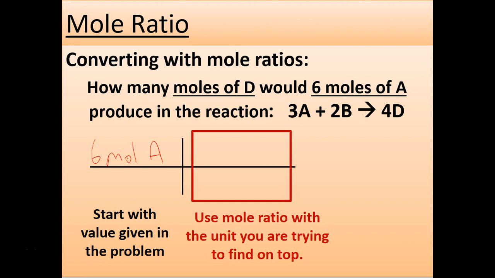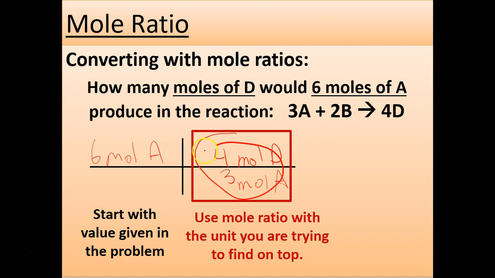In this case, it's moles of D. But just like we've always done before, I'm going to bring moles of A to the bottom, and we're going to go to our desired unit on top. In the question, it says how many moles of D. Now, if you see mole over mole, one of the things I like to do is circle it, and then that reminds me to go find the coefficients from the problem. So moles of A is 3. Moles of D is 4.